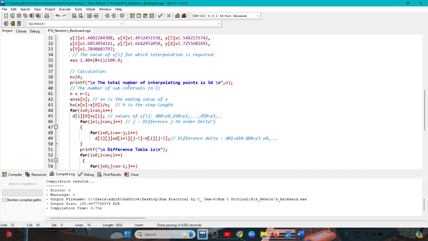Here the total number of interpolating points is 10, and n minus 1 is the number of subintervals, so 9 subintervals plus 1.